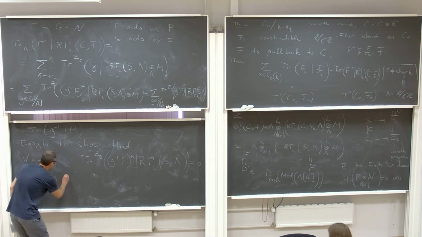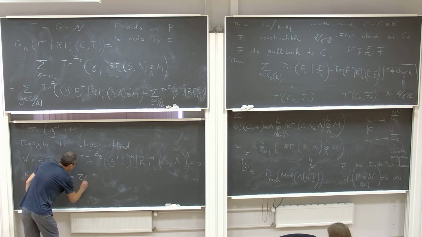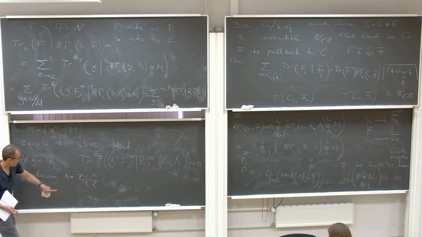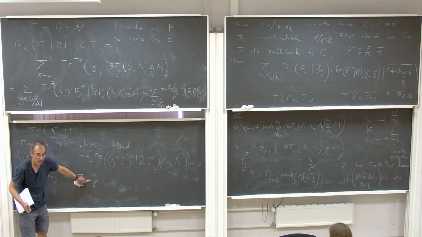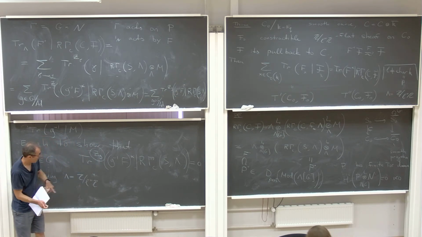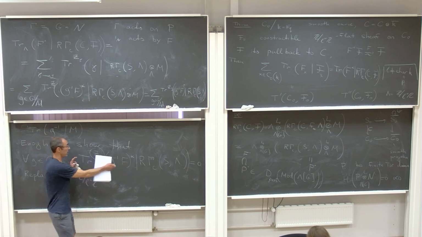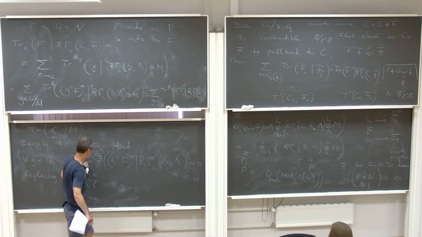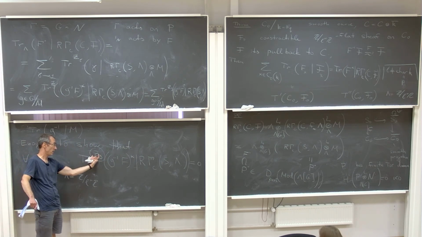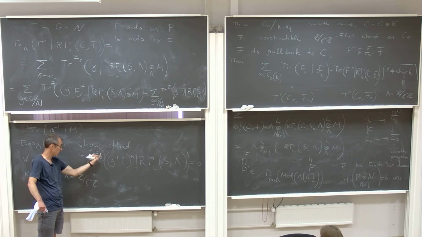So what is lambda? Lambda is Z mod L to the power n Z. So n here can be any number, right? Let's increase this n. If the order of this group is relatively prime to L, then proving this statement is equivalent to proving that this number multiplied by the order of this group is 0, of course.